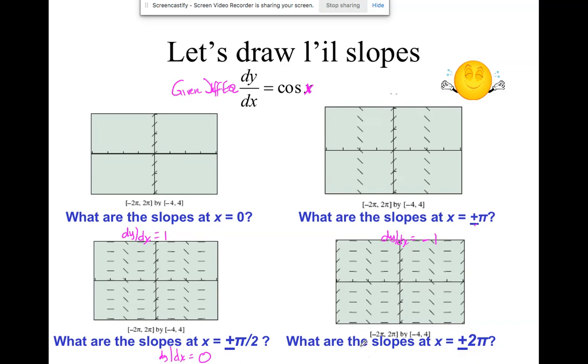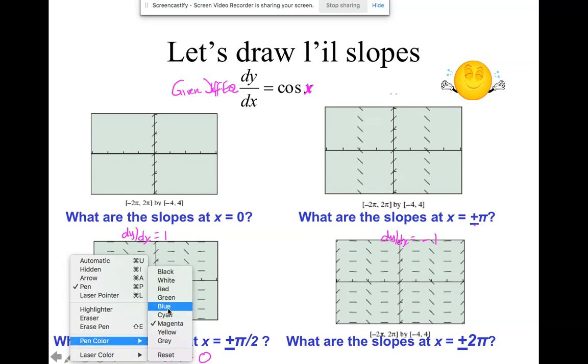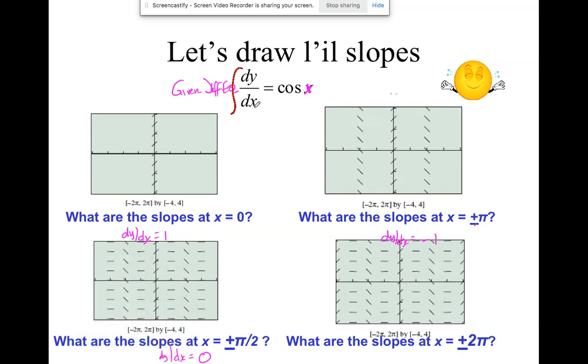What is the antiderivative of cosine? You know that. You don't need a slope field to tell you that the antiderivative of cosine is sine x plus c. Do you see sine x plus c here?